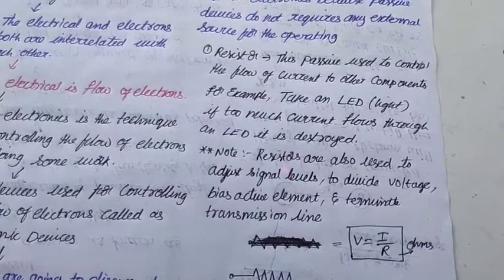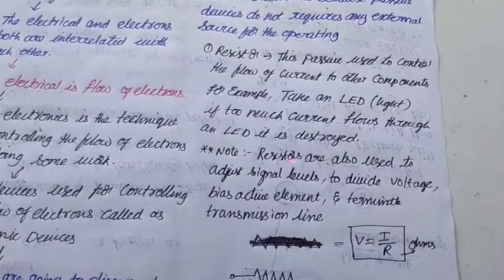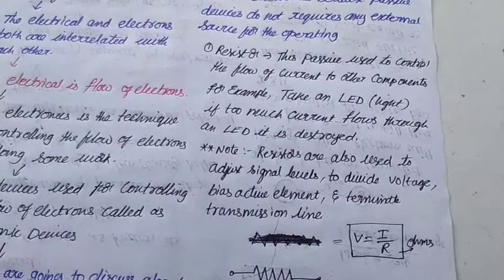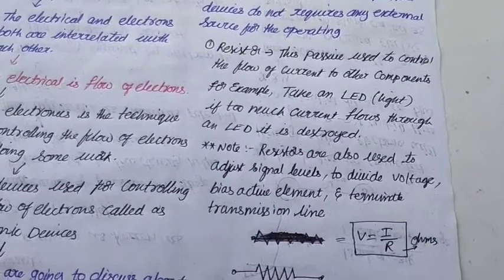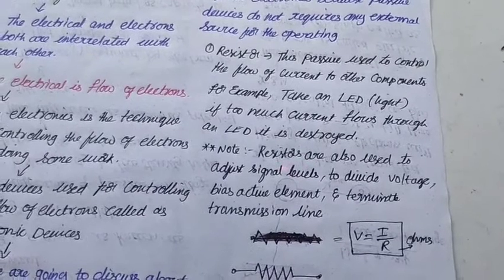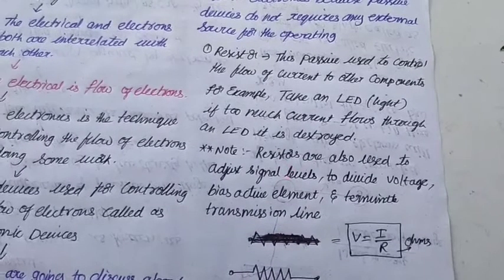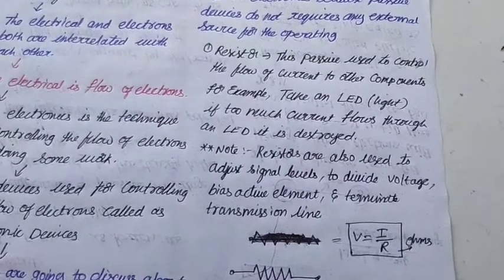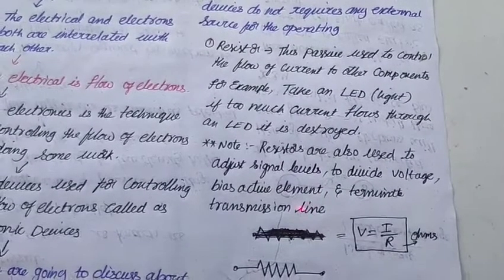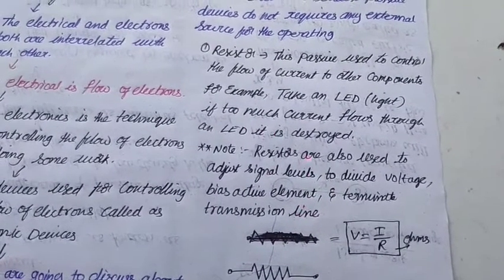So you have to study the applications of the resistor and investigate why a resistor is used in adjusting signal levels and dividing voltage and biasing. We have to remember all this.